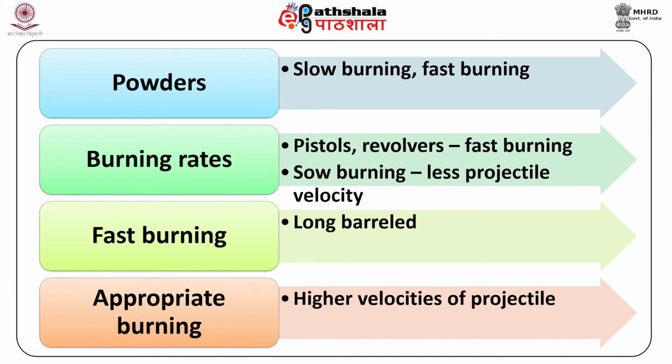Consequently, for the maximum pressure, the projectile will have a lower velocity. If a powder with appropriate burning rate is used, the projectile can be given higher velocities for the same maximum pressure. The rate of burning has to be related to the length of the barrel.